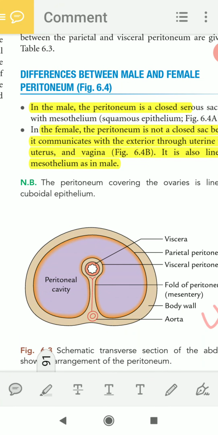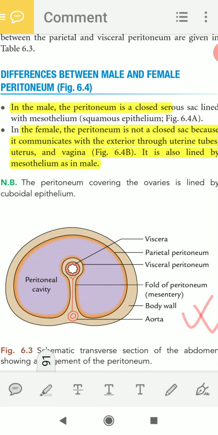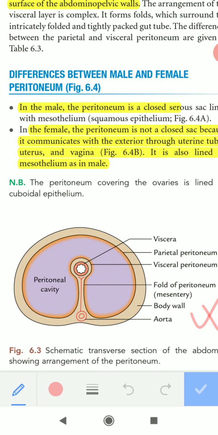We can see this is a very good picture of the peritoneum. This is the anterior abdominal wall, this is the posterior abdominal wall, and this layer is the parietal peritoneum, and this is the viscera.